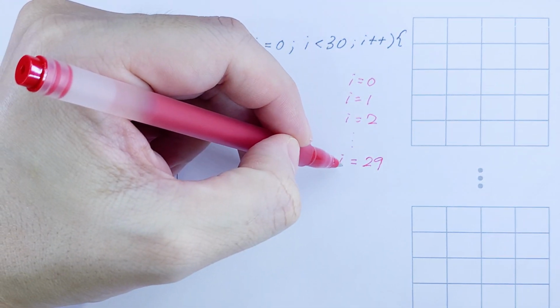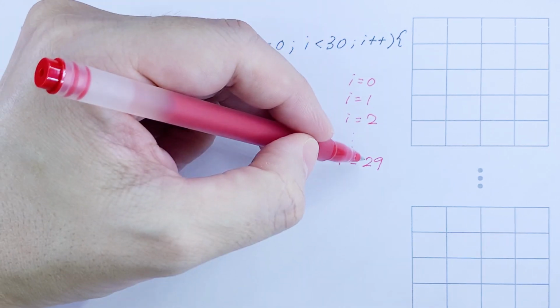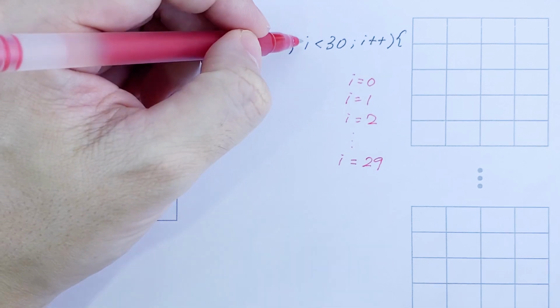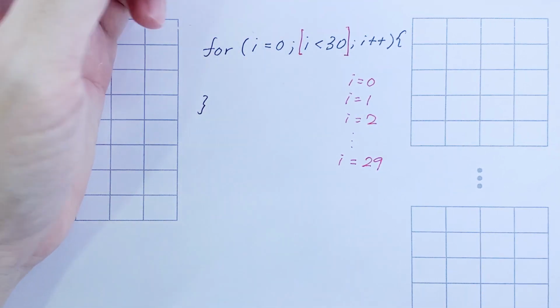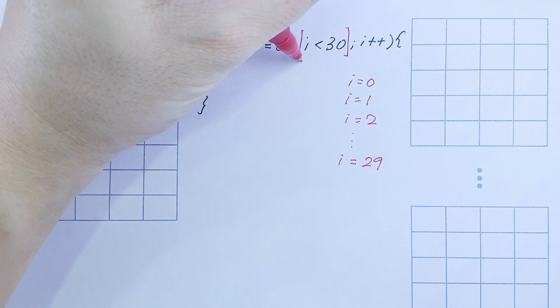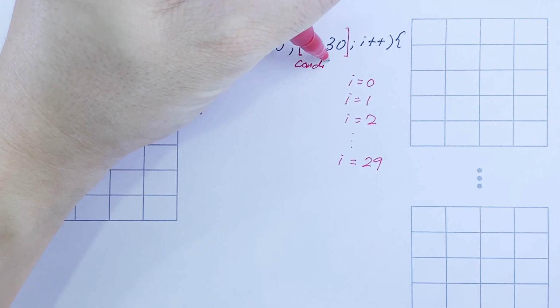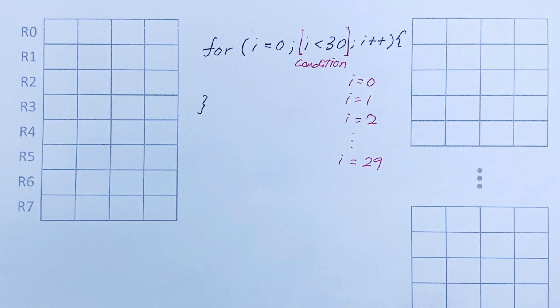Once i becomes 29 and you add 1, it ends up being 30, and this condition is no longer fulfilled, which is where the loop will break. This is the condition that we preset in our for loop.